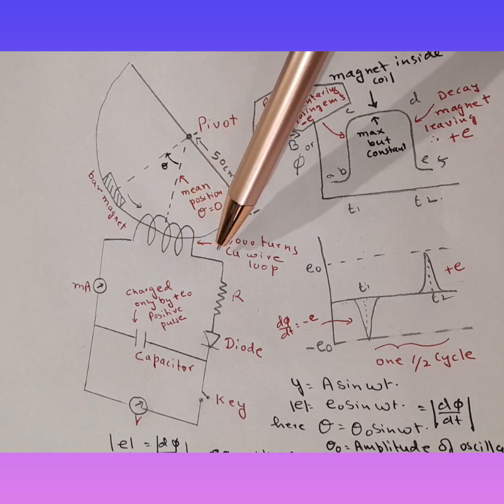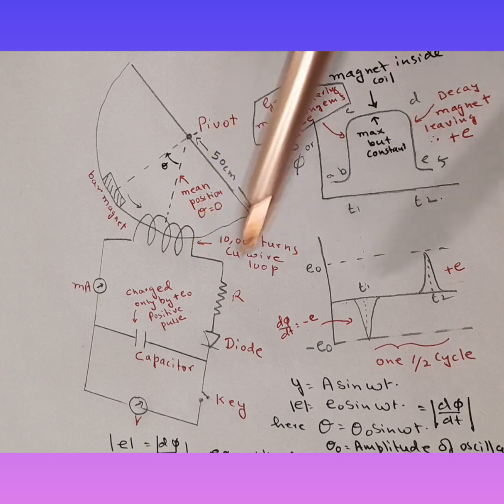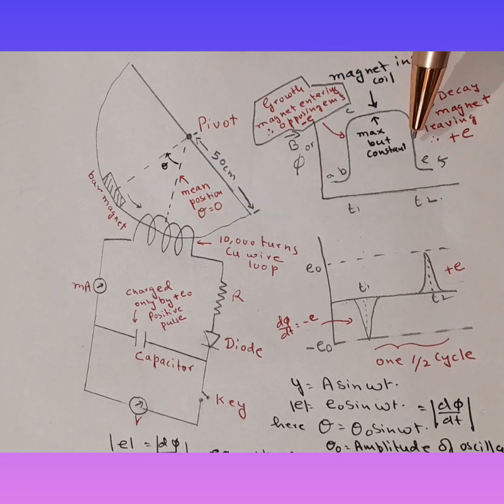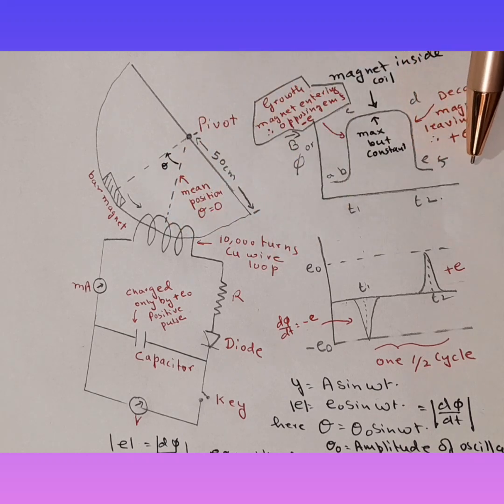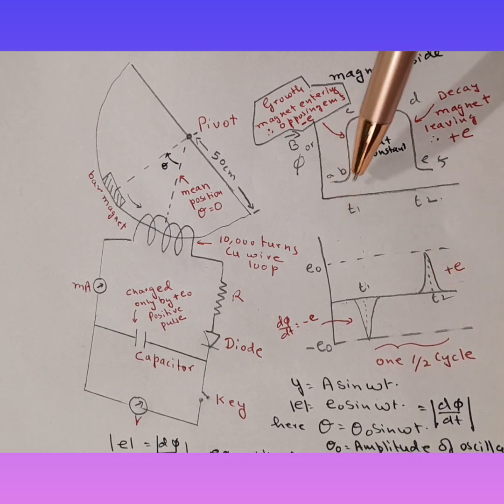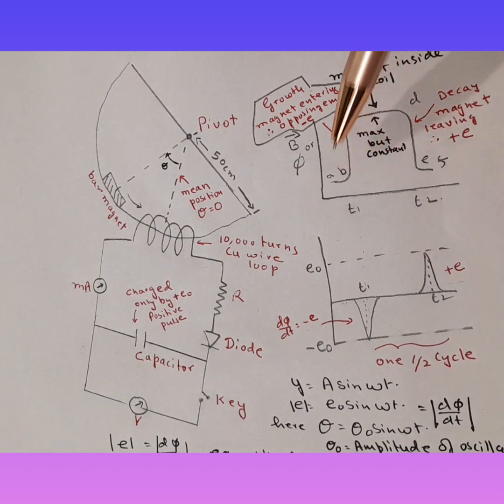When it is coming out like this, it is decay. Again the magnetic field is being cut, so there is again a change, and it falls down now. So it's leaving, and it falls down over here. Since it is decreasing, it is positive EMF. So this is about the graph.